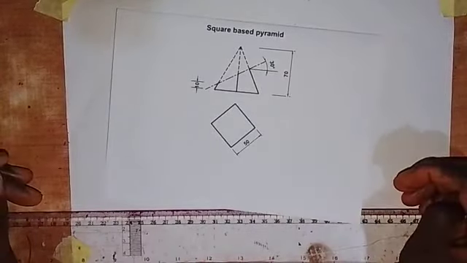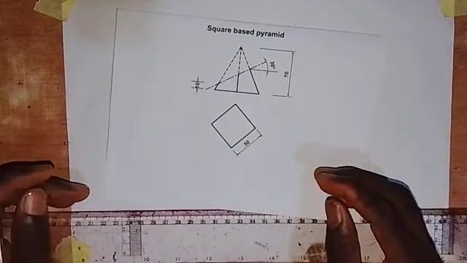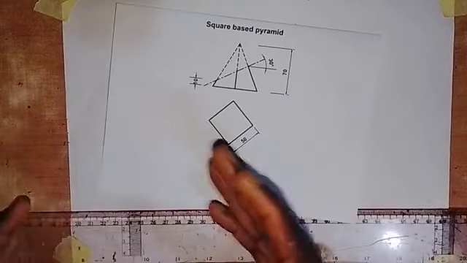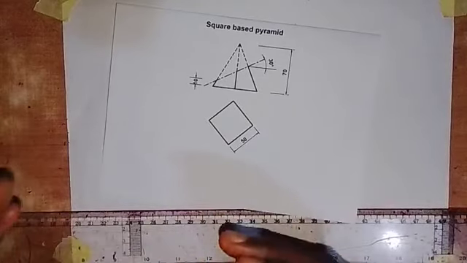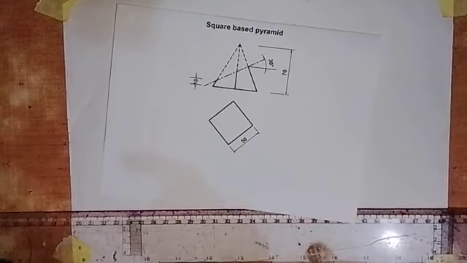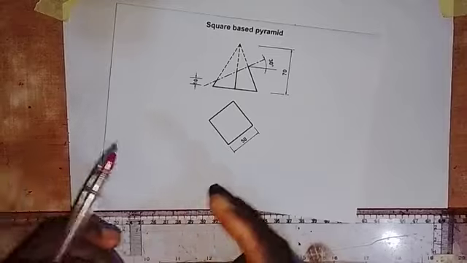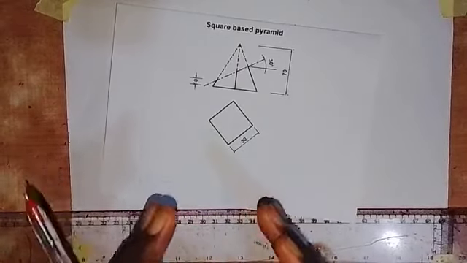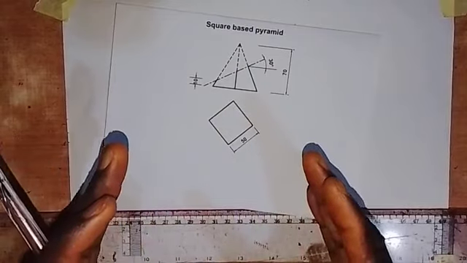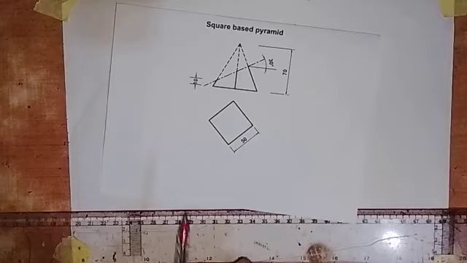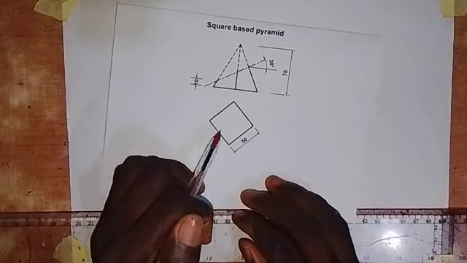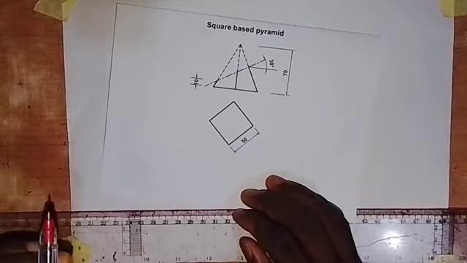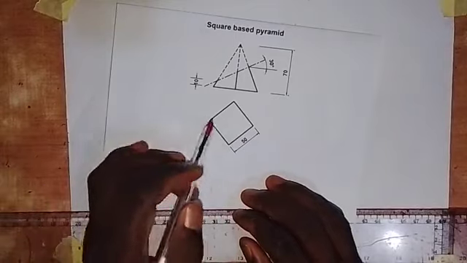Now, when a square is positioned in this form, please watch the first video for you to get the clarity about what we are doing here between the one I did first as a square pyramid and this one that we are doing here. Okay, so for this particular positioning of the square-based pyramid, for us to draw this square, we need to make use of Pythagoras theorem to determine the length of the diagonal of this square.